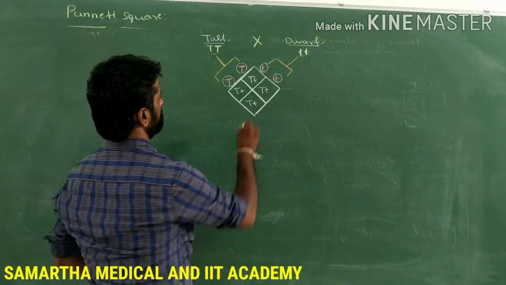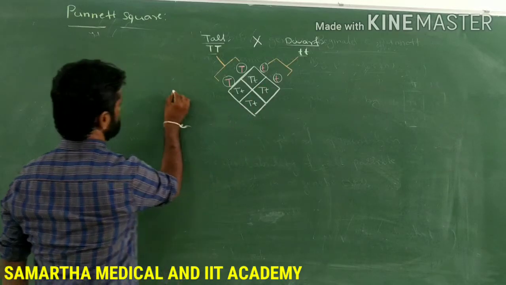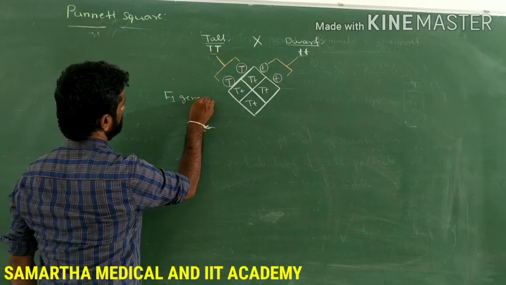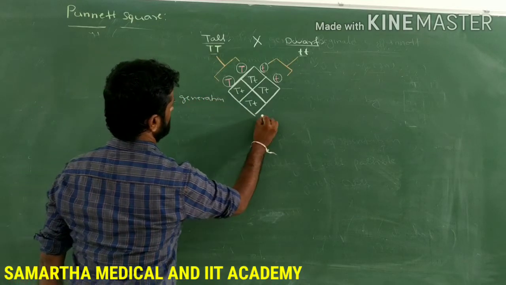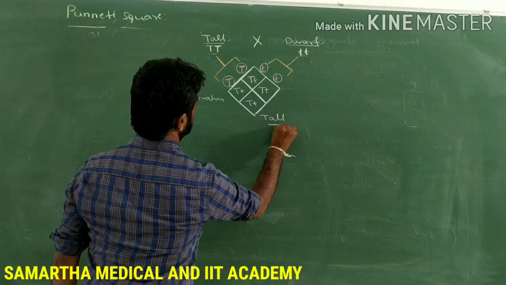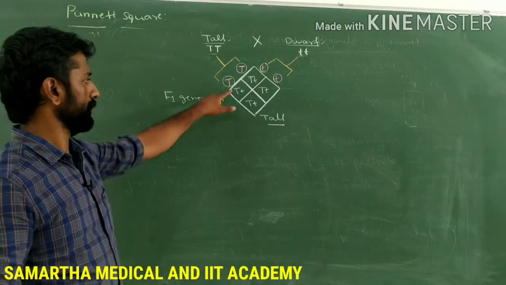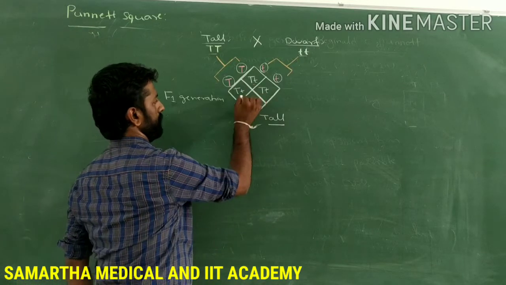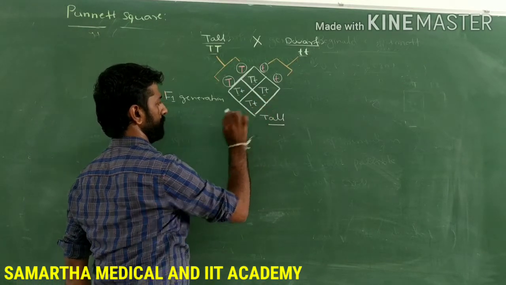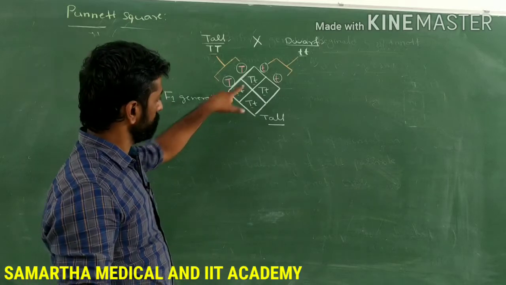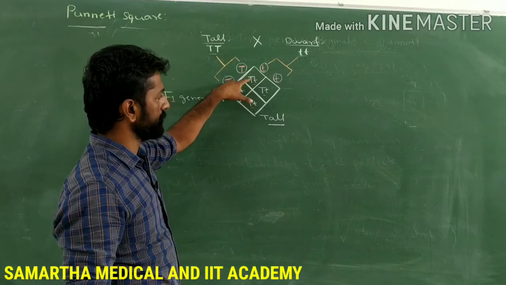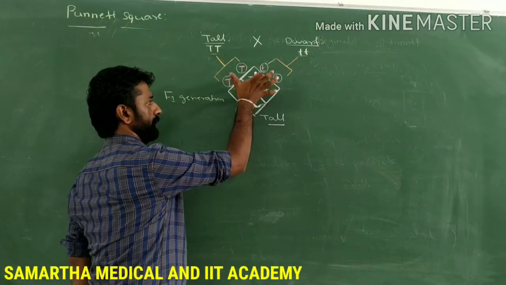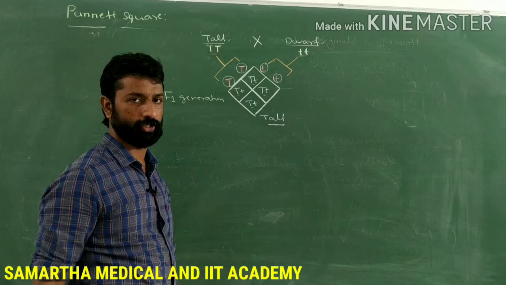As a result of that fertilization, all F1 individuals are found to be tall. All the plants in the F1 generation are tall, with capital T and small t. One dominant allele is there, so it expresses its own phenotype. So all the offsprings of the F1 generation are tall in nature.